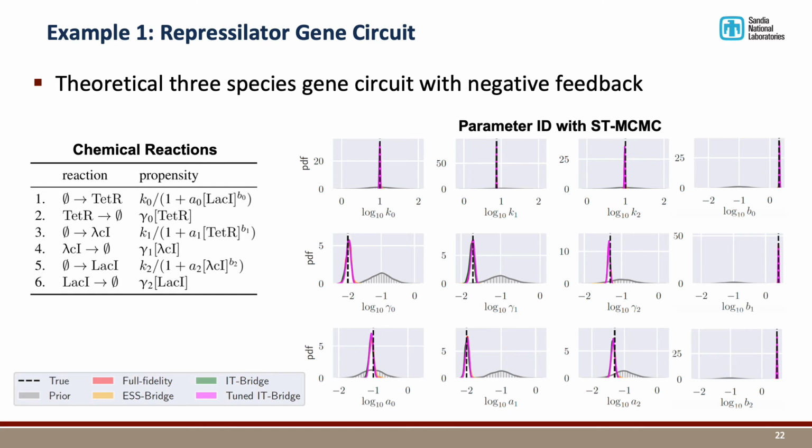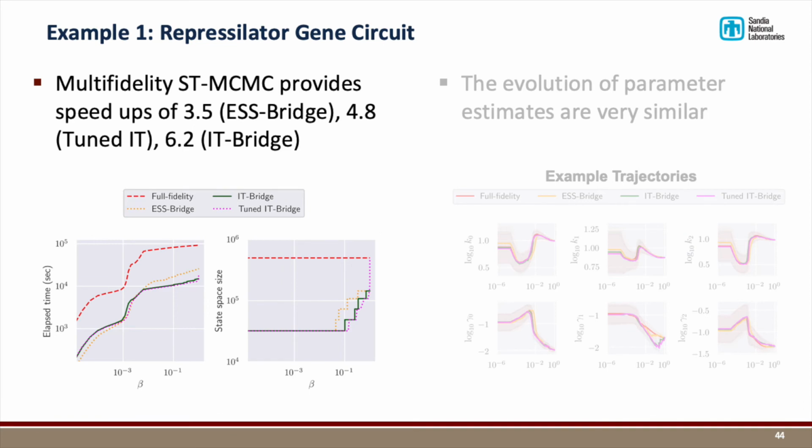We can see that all the different methods between the full fidelity, the ESS bridge, the IT bridge, and the tuned IT bridge recover the same posterior distributions, meaning that the ST-MCMC algorithm with the multi-fidelity models is as good as the full fidelity solution. We find that multi-fidelity ST-MCMC is able to provide significant speedups over the full fidelity ST-MCMC method.